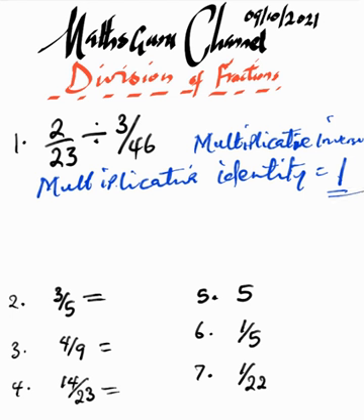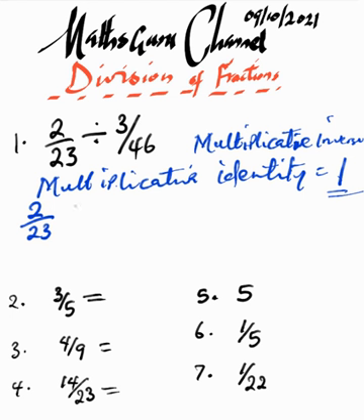For instance, if we have 2 over 23, what is the number that when we multiply 2 over 23 with, it will give us 1? The simple way of deducing this is simply by swapping the fraction.